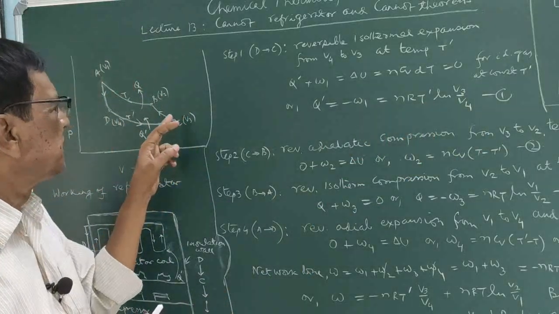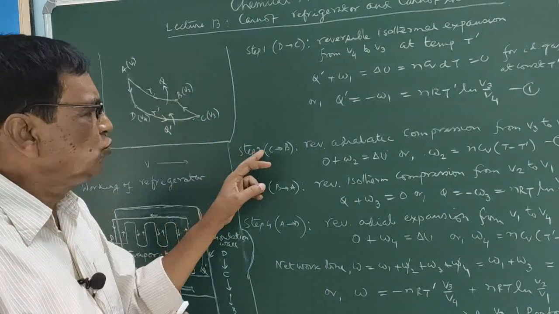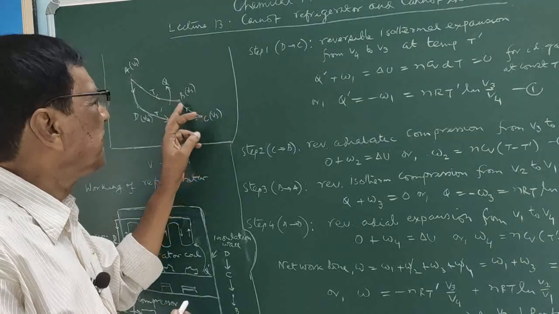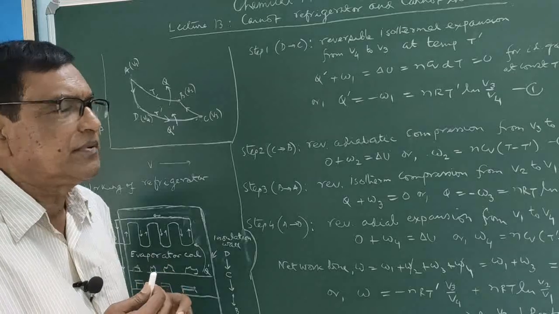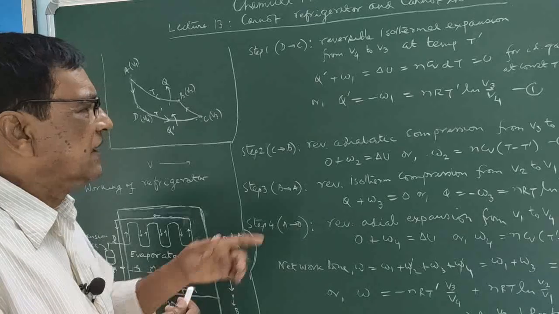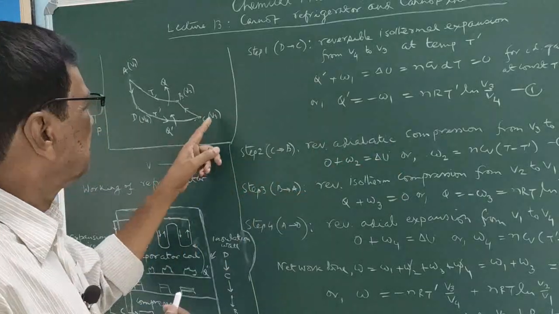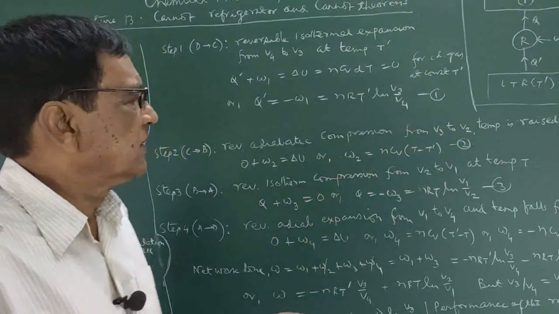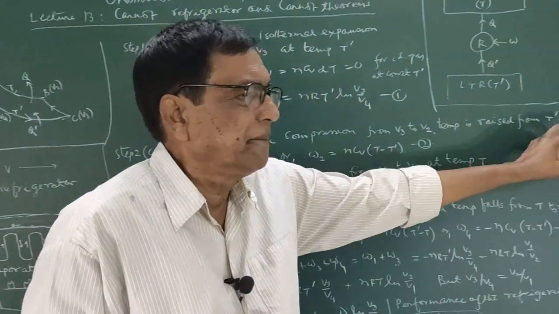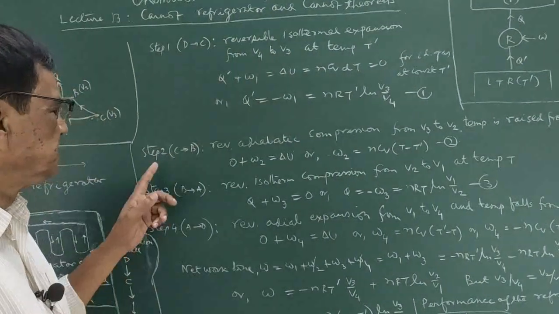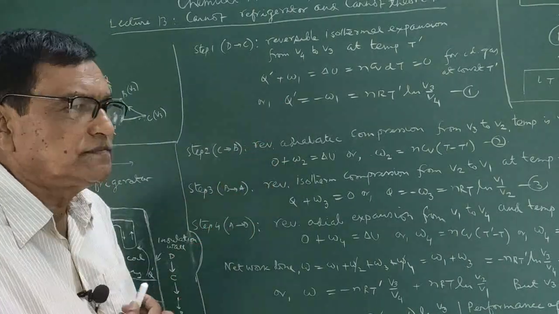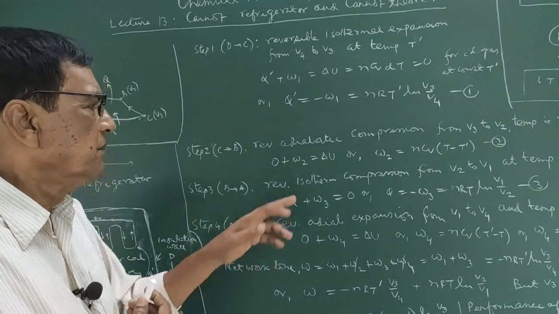Then the second step, C to B. C to B is an adiabatic compression, volume is decreased. So no heat is supplied in this second step, and it is a reversible adiabatic compression from V3 to V2. Whenever adiabatic compression occurs, the temperature will rise from T dash to T. Naturally, by the first law of thermodynamics, heat exchange is 0 plus W2.